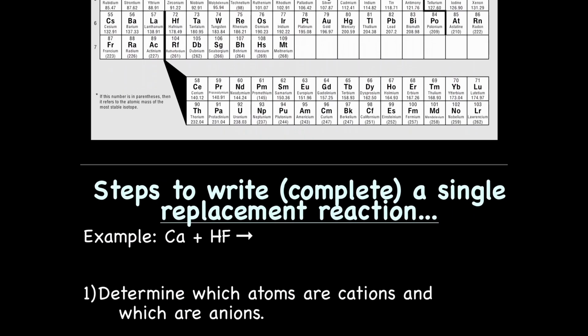First of all, determine which atoms are cations, which, remember, cations are the metals, and which are the anions, which are going to be our nonmetals. And while we're doing that, we may as well get the charge because we're going to need those later anyway.